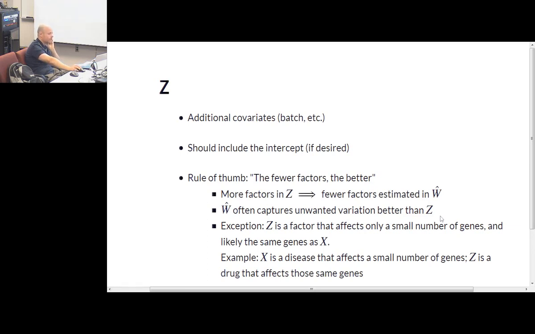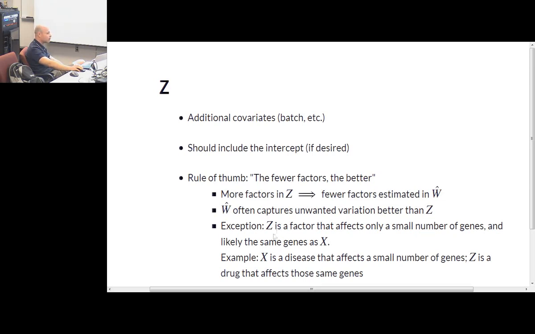There's one very notable exception to this, which is if you have a covariate that affects only a very small number of genes, and specifically the same genes that you might expect to be affected by your factor of interest, then you might want to explicitly include this factor in your Z, because since it affects only a small number of genes, it might not get picked up in the factor analysis.